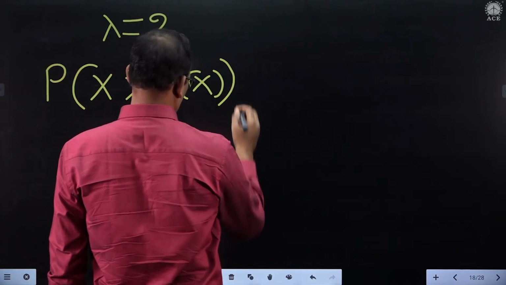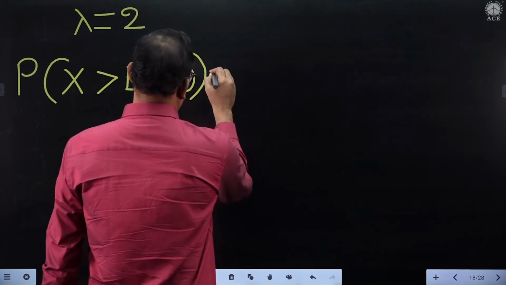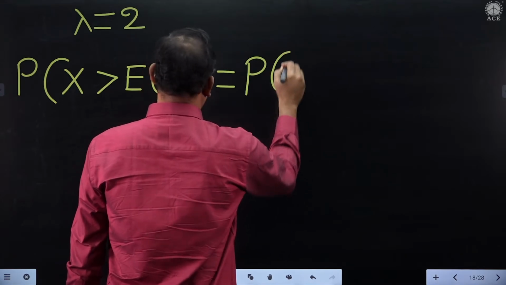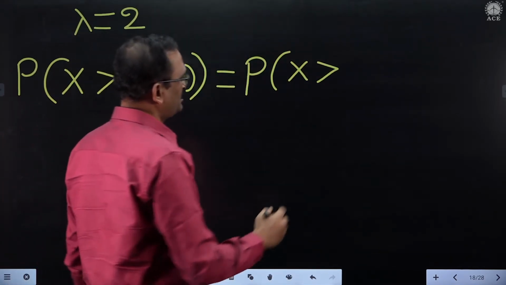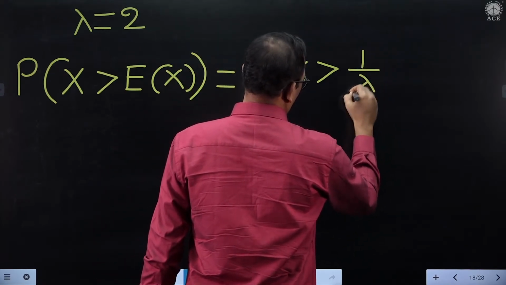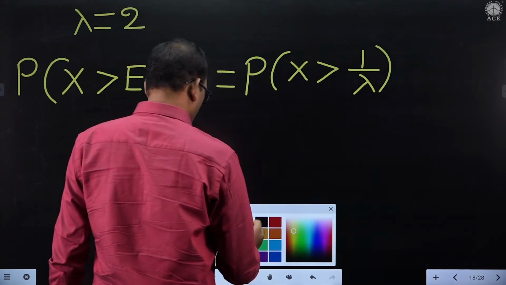This is equal to probability of x greater than the expected value, which for an exponential distribution is 1 by lambda. Do you know the formula? We all know this.